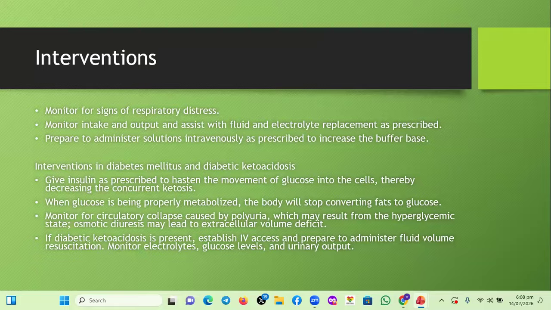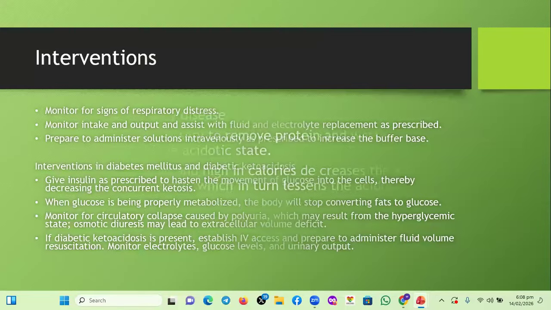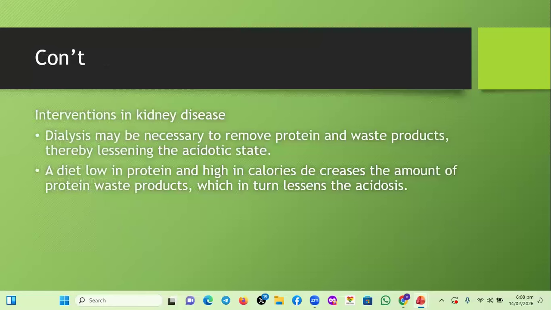And so the person becomes depleted of fluids. Dehydration can occur, which can lead to respiratory collapse. Then if DKA is present, you need to establish your IV line and prepare to administer your IV fluids for resuscitation. You monitor your electrolytes, your glucose level, and then your urine output. You need to monitor it.